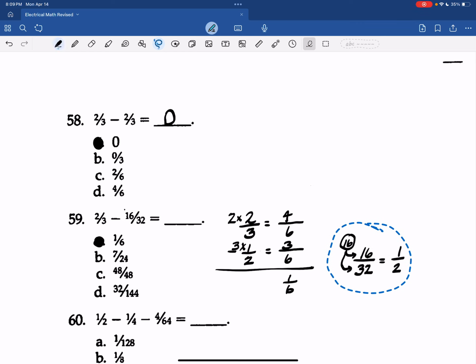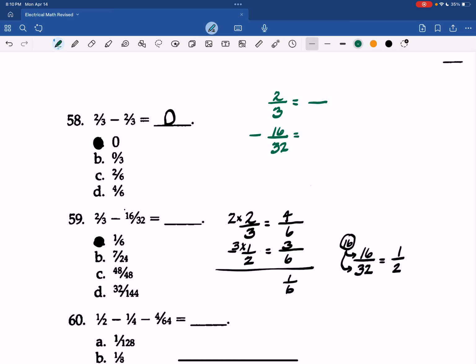If you do it the way I learned it, and you do common denominators, let me go ahead and do it for you. You've got 2/3 minus 16/32. So we're going to have to find a common denominator for 32 and 3. And that's going to be tough to do.